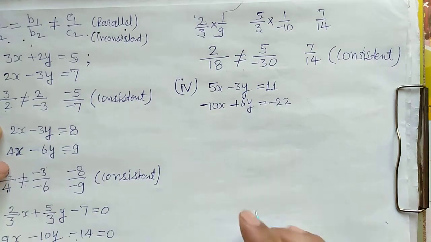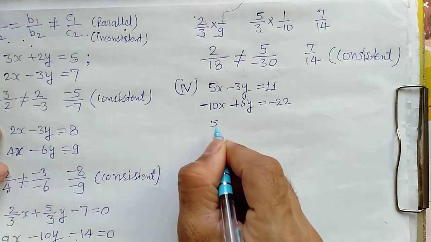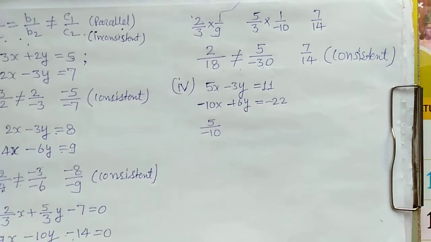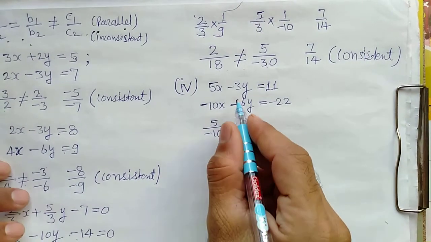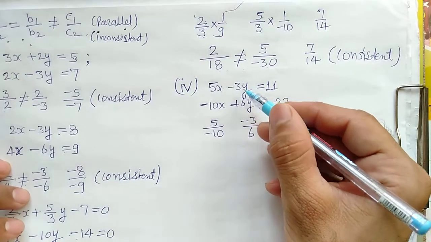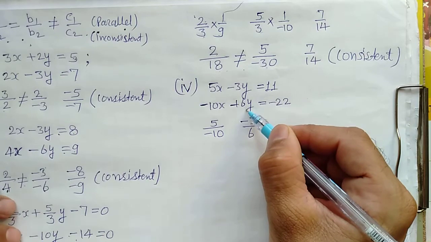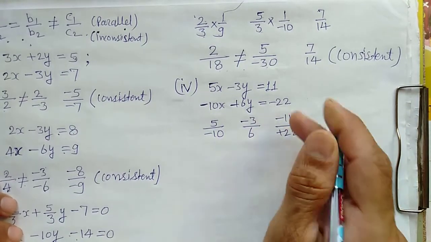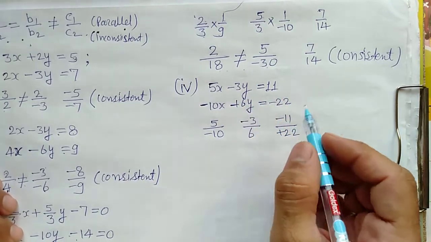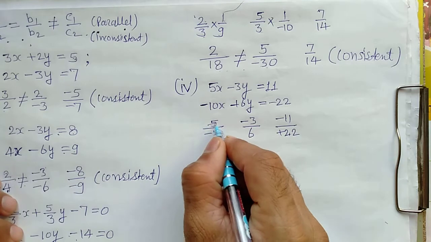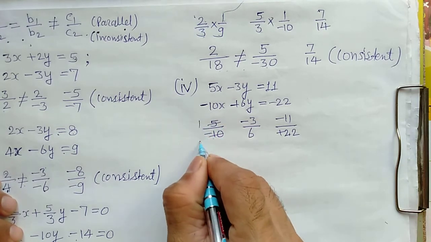Again by transposing, this is minus 5 upon minus 10, A1 upon A2. This is minus 3 upon 6, B1 upon B2. This is minus 11 upon plus 22 when we transpose this, C1 upon C2. Now let's do it. 5 1s are 5, 5 2s are 10.